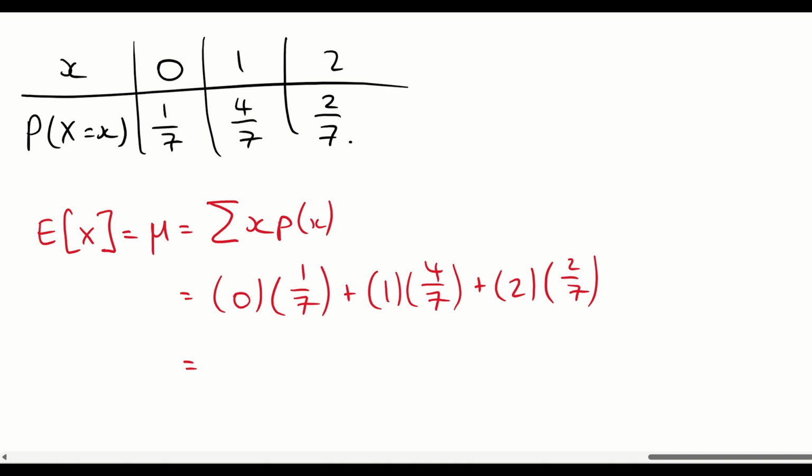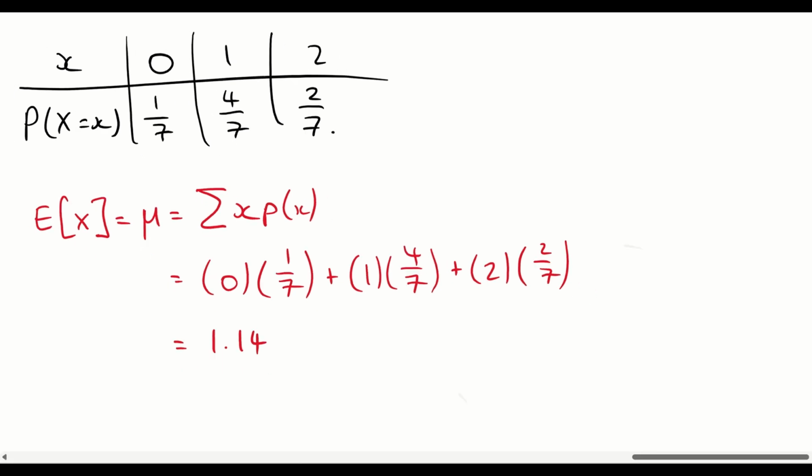And if you put all of that into a calculator, you just get 1.14. So it's not a whole number this time. So the expected number of prime balls when we pull 2 balls out of the bag would be 1.14. That's over a long period of time. Of course, we can't get 1.14 of a prime ball on a singular trial. This is an average, a weighted average over time.